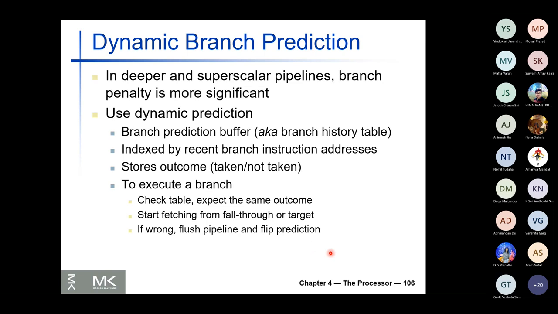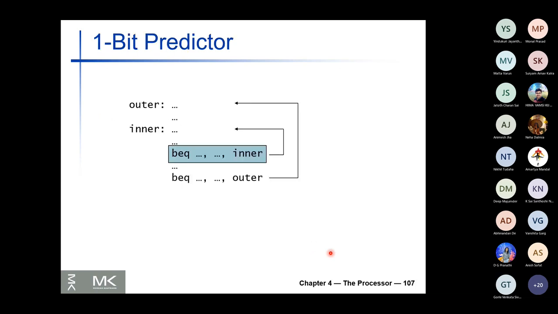Okay, so let me give you an example here. We just keep track of just the immediate history. What happened to the last branch? This is called a 1-bit predictor. So regarding the history of branches, you keep track of what happened in the last branch.